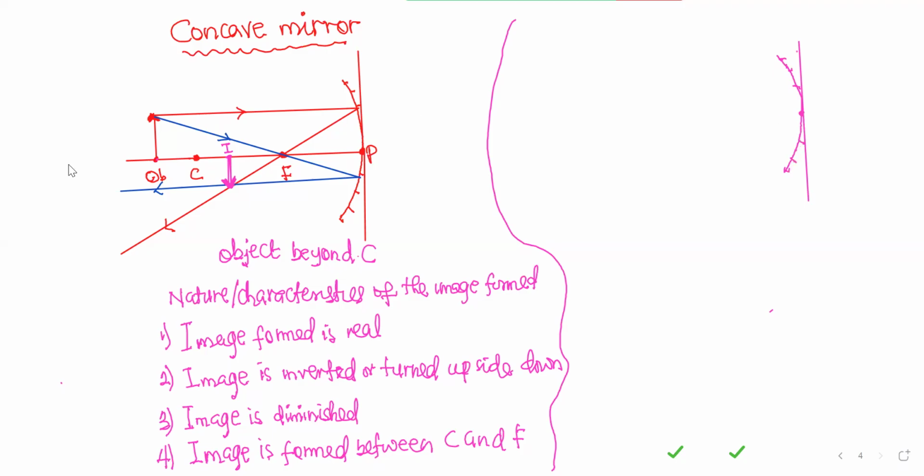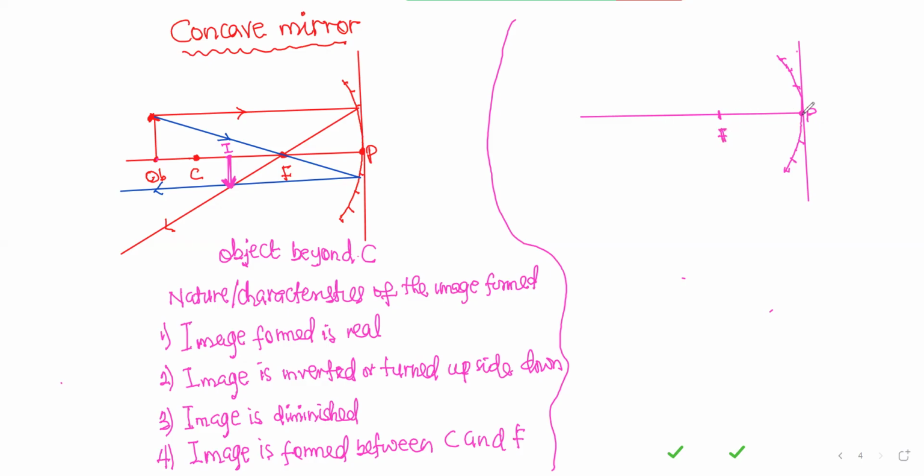Then draw the principal axis. The pole is here. Take your measurement. Measurement is very, very important. All measurements must be taken from the pole.